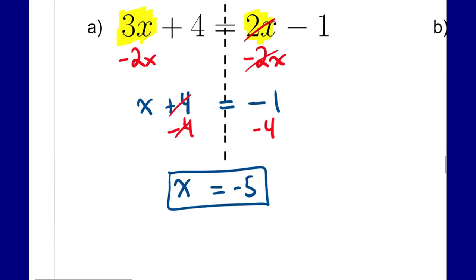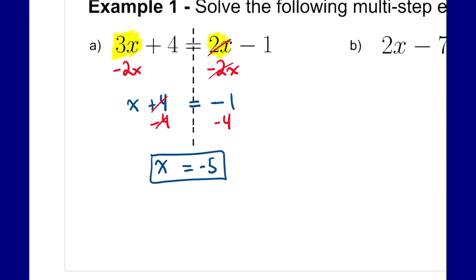If we went through and did it the other way, I'll just do this a little bit smaller at the bottom. If I canceled out the 3x, so if I had 3x plus 4 equals 2x minus 1, and I canceled out the 3x, so minus 3x, one side cancels out, I'm left with 4 is equal to negative 1x minus 1. Cancel out the minus 1 by adding 1 to both sides.